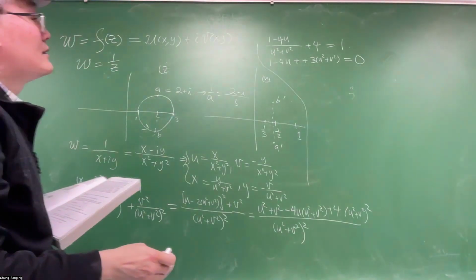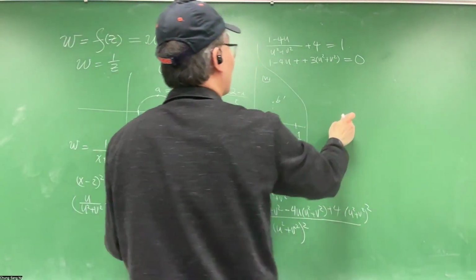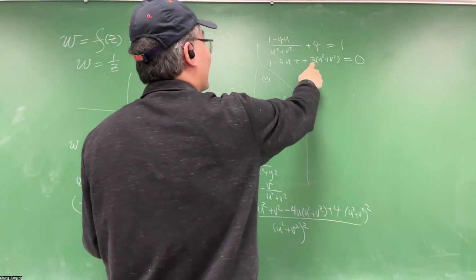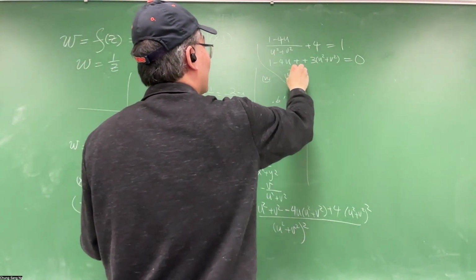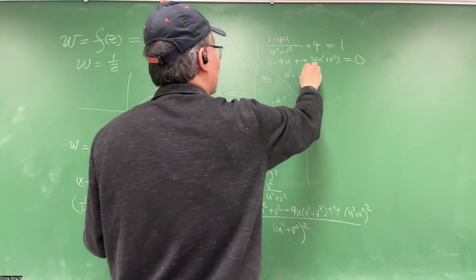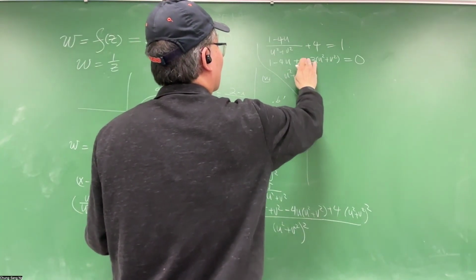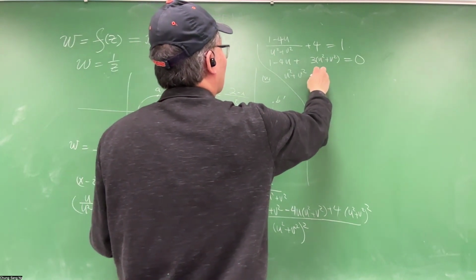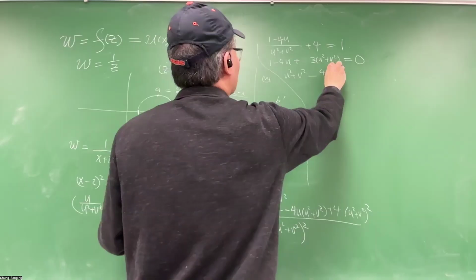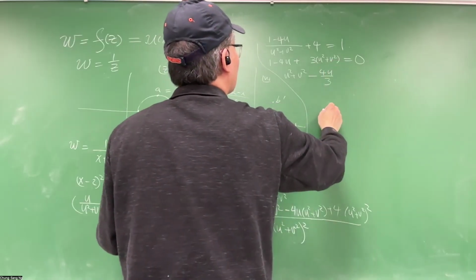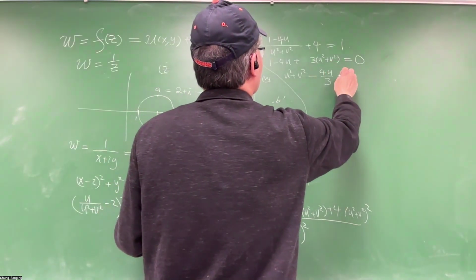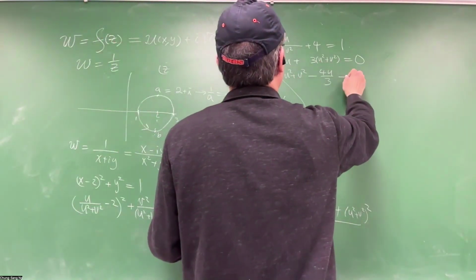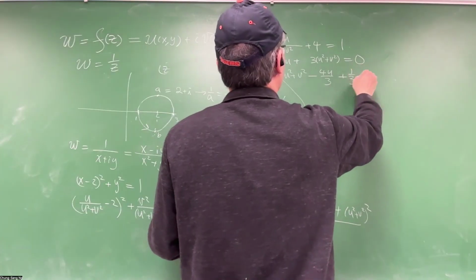Right? Now you're convinced that it looks like a circle. It looks like you can divide it by 3, so v squared plus v squared, and minus 4u over 3 and plus 1/3.